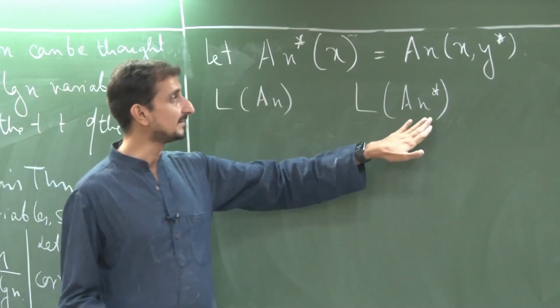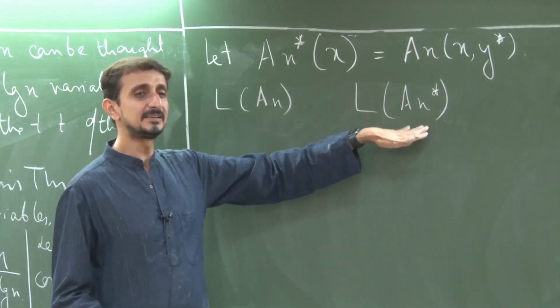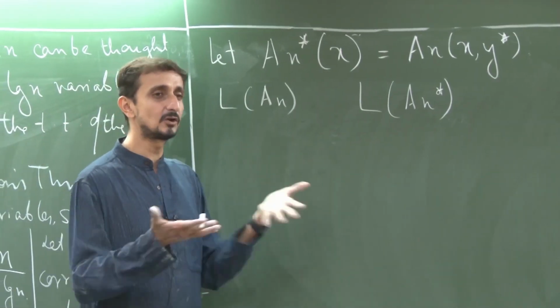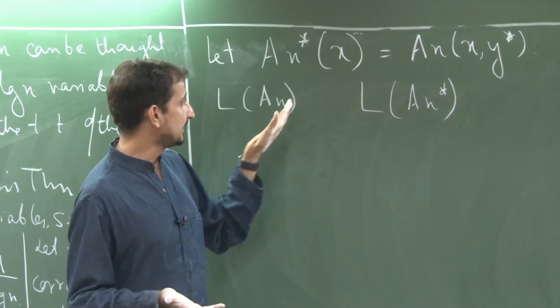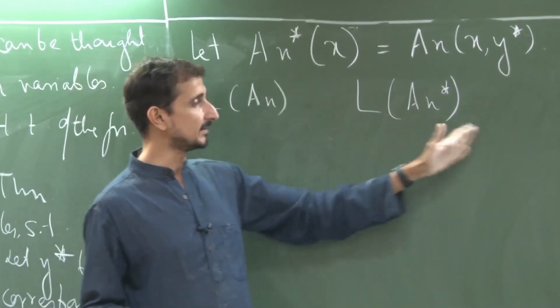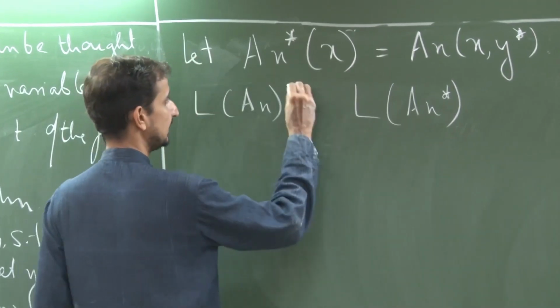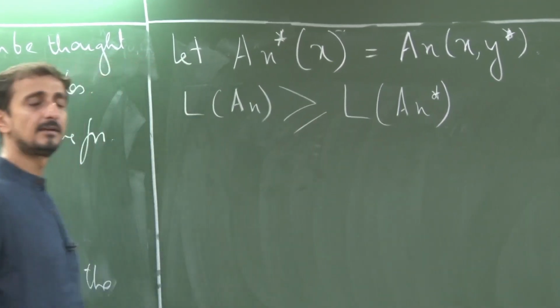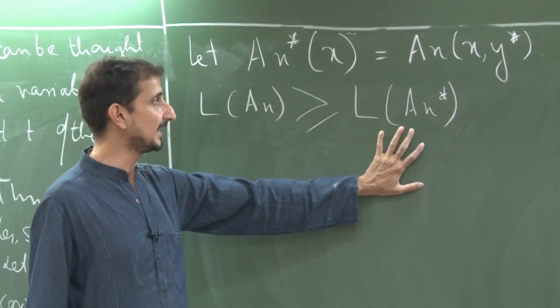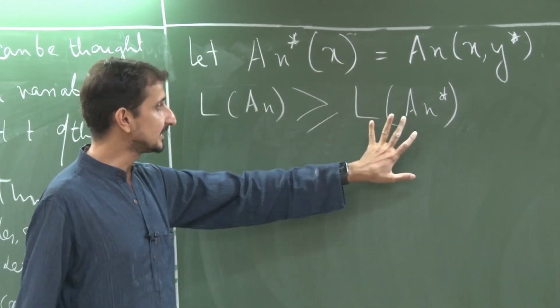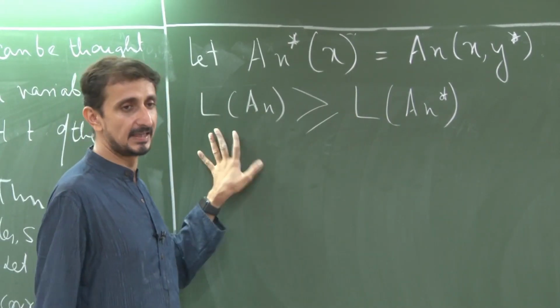Exactly. So, this is a restricted function. This is nothing but a restriction of a n, right, and we saw that any restriction has a lower formula complexity, for obvious reasons, that here I have 2 n bits, here I have n bits. Okay. So, this is clearly greater than or equal to this. In other words, if I am able to give a lower bound on the formula size of a n star, I will get a lower bound for a n as well.